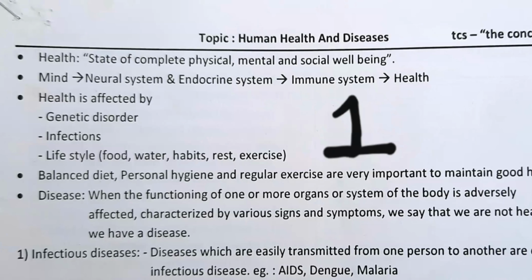One term, I mean, health is affected by several factors, but the primary factor which can influence health is immunity. These days, in the phase of the corona pandemic, we all must have come across this term: improve your immune power, immunity boosting is required.